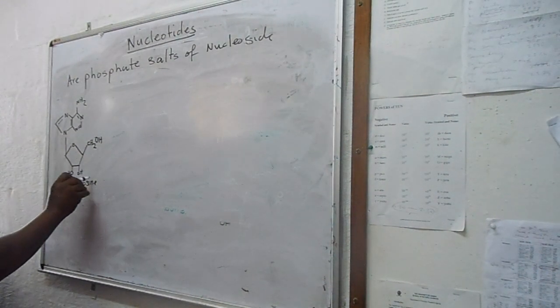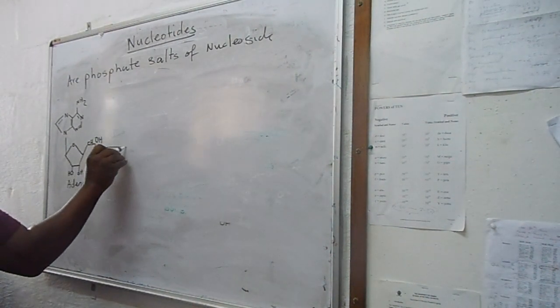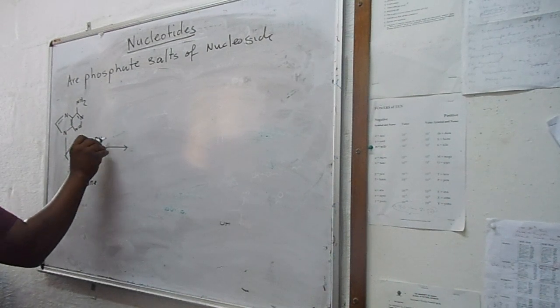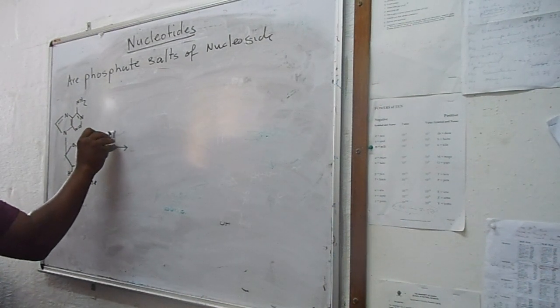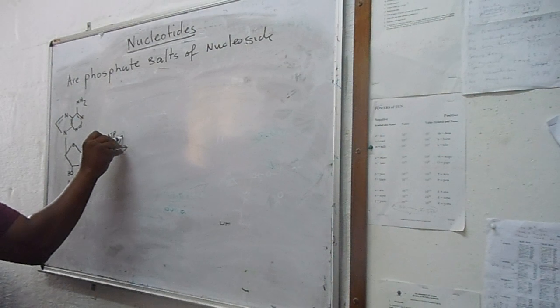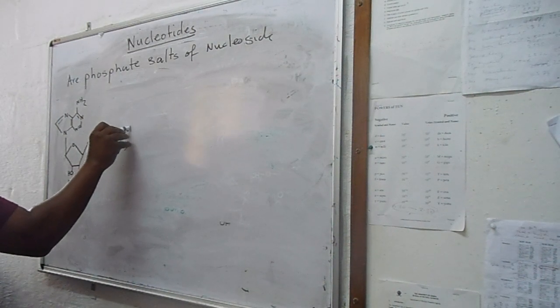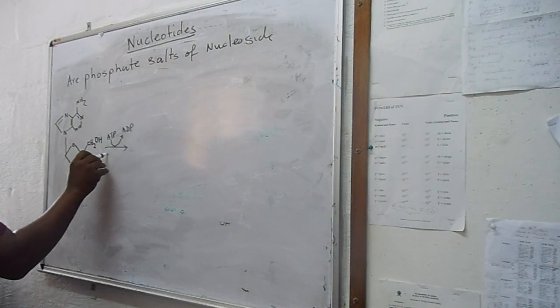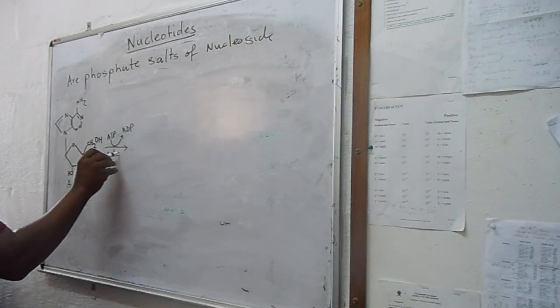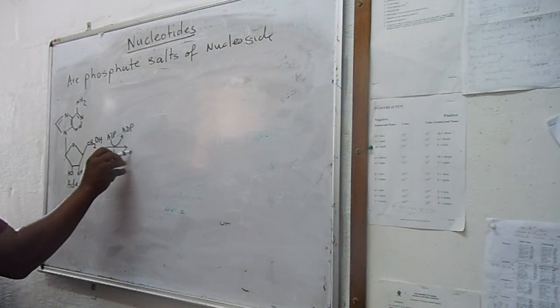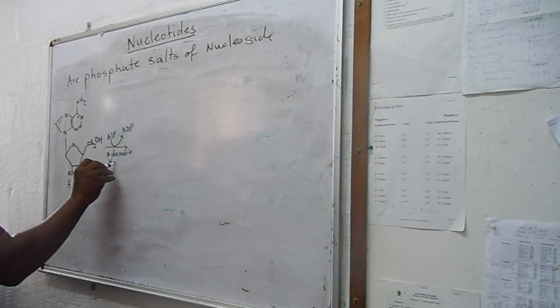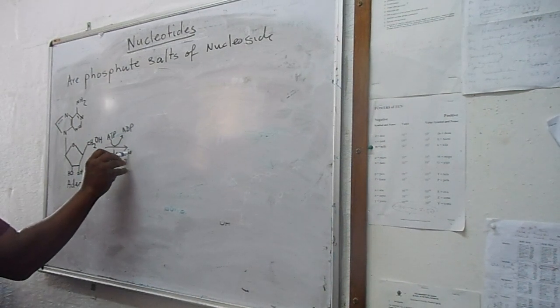This can be phosphorylated. ATP will transfer one of its phosphates to form ADP. Of course, we will require adenosine kinase.